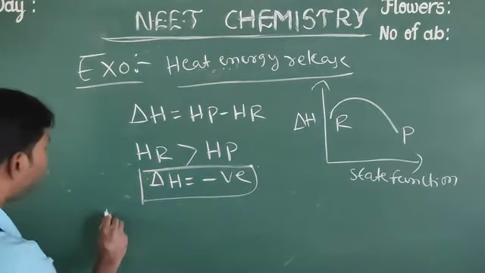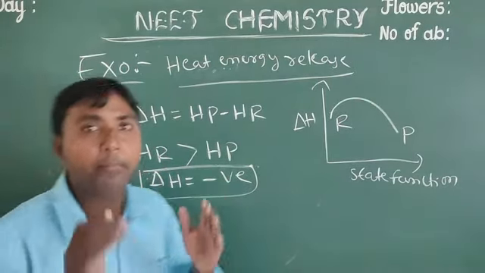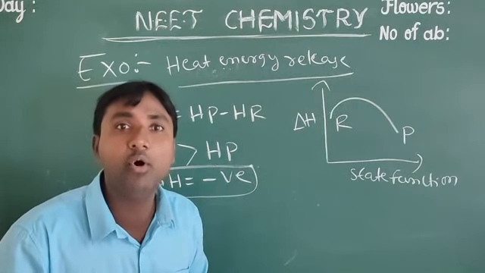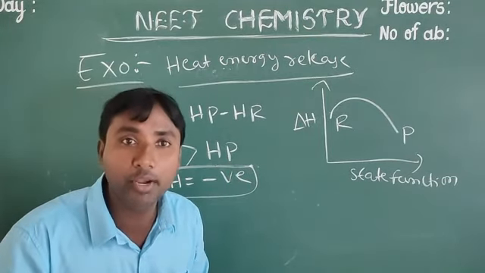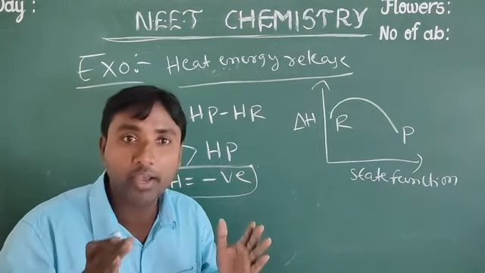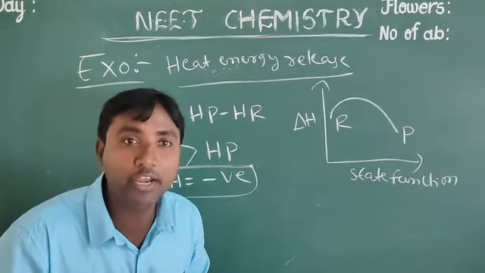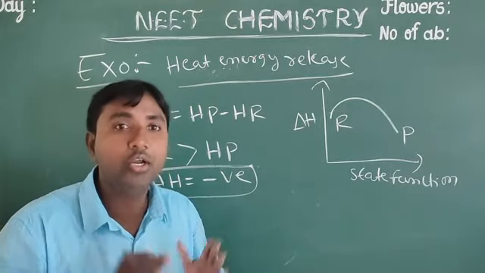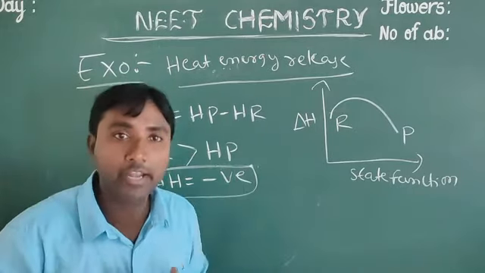Next, another important point. Here product stability is more than reactant stability, because heat energy is released. That's why less heat energy is required to break down the bonds of reactant.